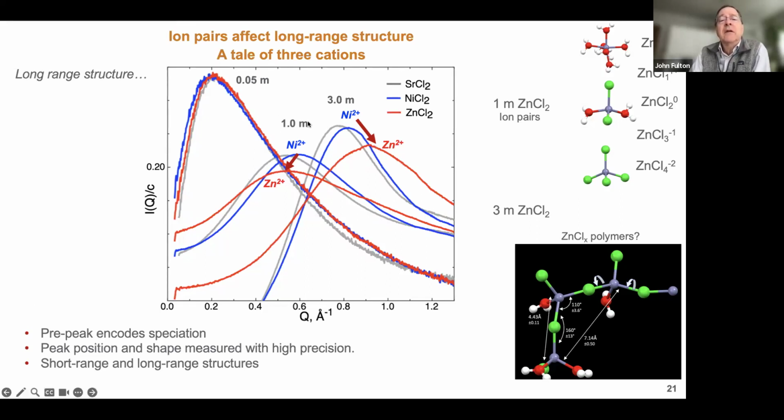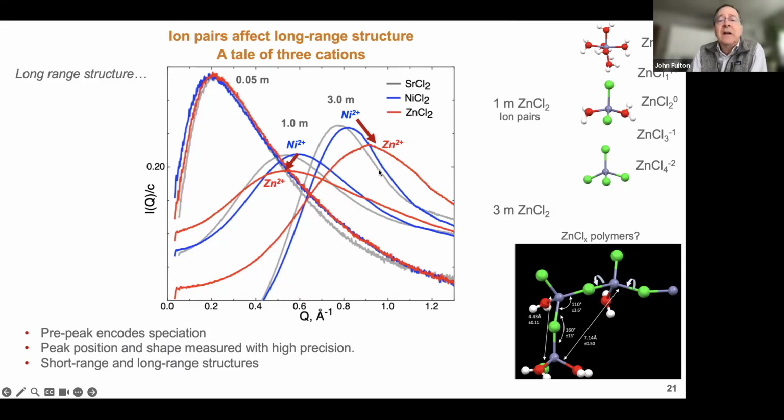At 1 molar, we know, of course, that in zinc, we have these multiple ion-paired species, and it's useful to think of, say, a zinc dichloride as being a neutral species when you're looking at the long range electrostatic repulsion. So we're changing the distribution of the zinc chloride species, and it would be reasonable to believe that the effective Q naught would be at lower Q for zinc.